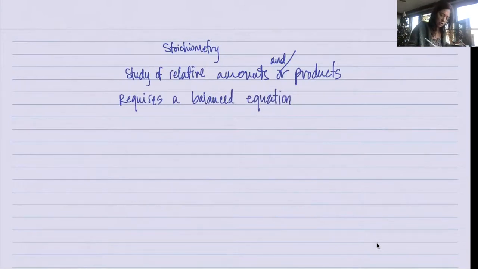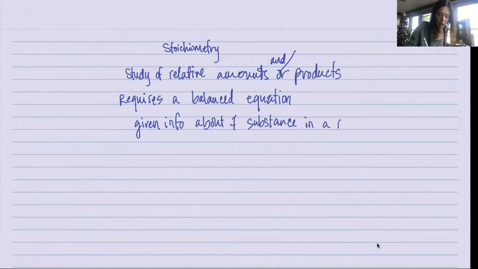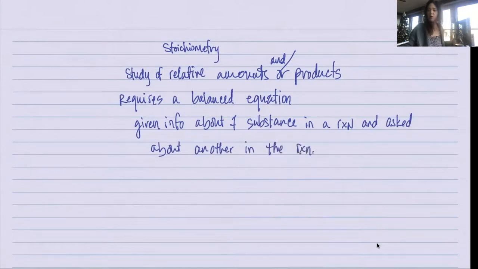You know you have a stoichiometry problem when you're given info about one substance in a reaction and asked about another in the reaction. Okay, so that means I have a stoichiometry problem.